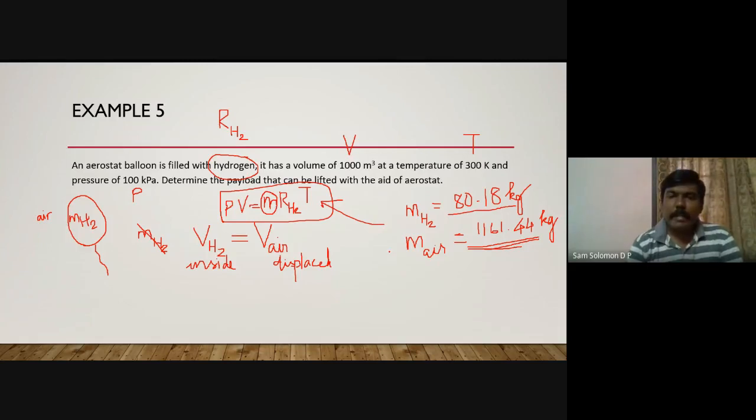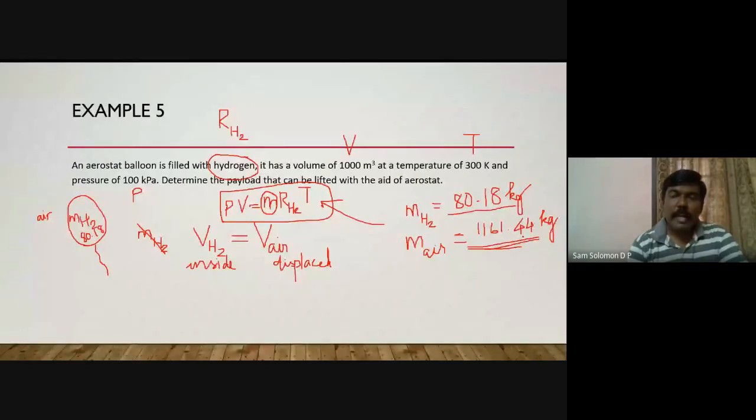Are you able to understand this? The mass of hydrogen is 80.18, so this 80.18 kilogram of hydrogen will be displacing only 80.18 kilogram of air surrounding it. But if I replace this hydrogen with air, I would be displacing 1161.44 kilogram.